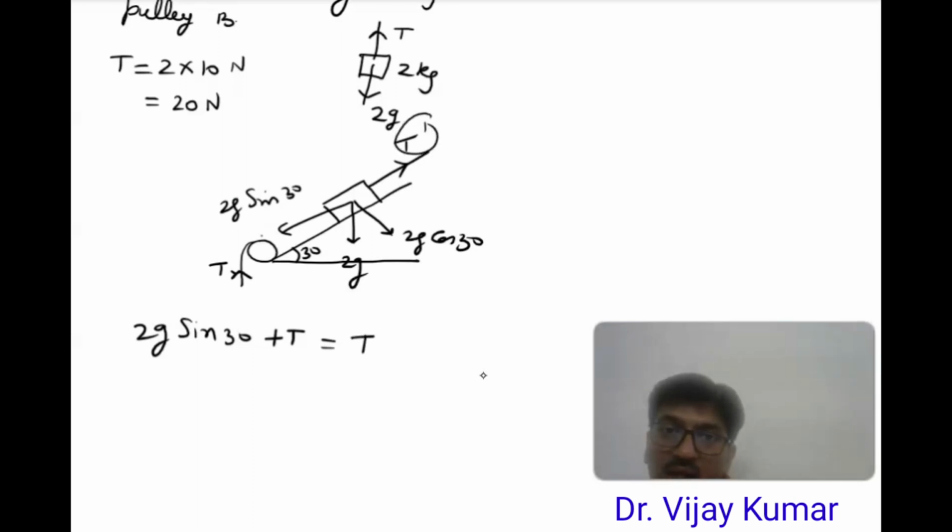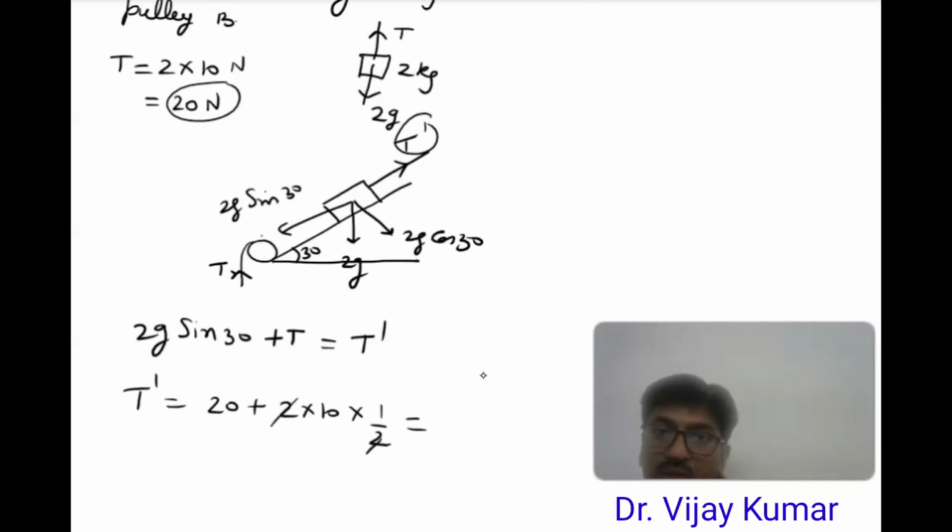We have already calculated 20 plus 2g, that is 10, sin 30, which is 1 upon 2, the 2 cancels out, so 20 plus 10 is 30 Newton. So T dash which will work in this direction should be 30 Newton.